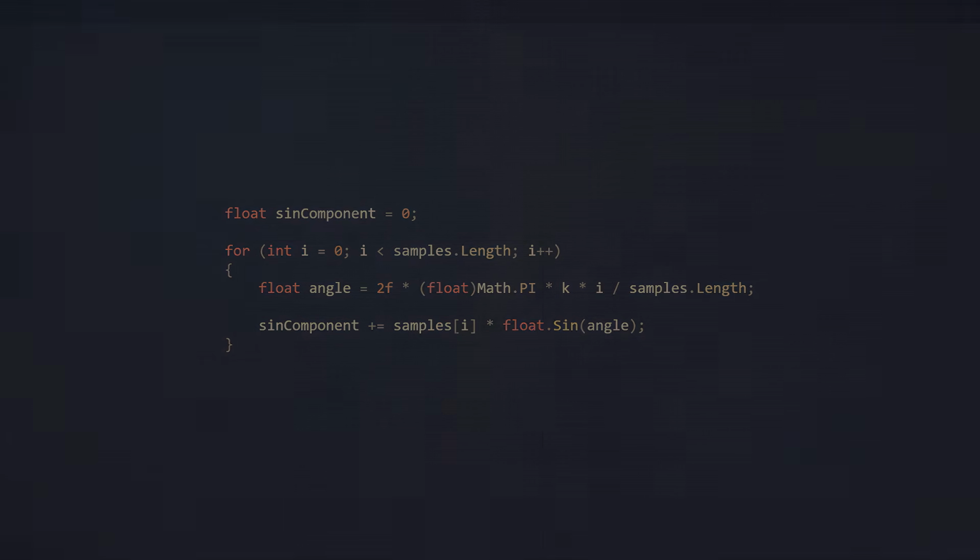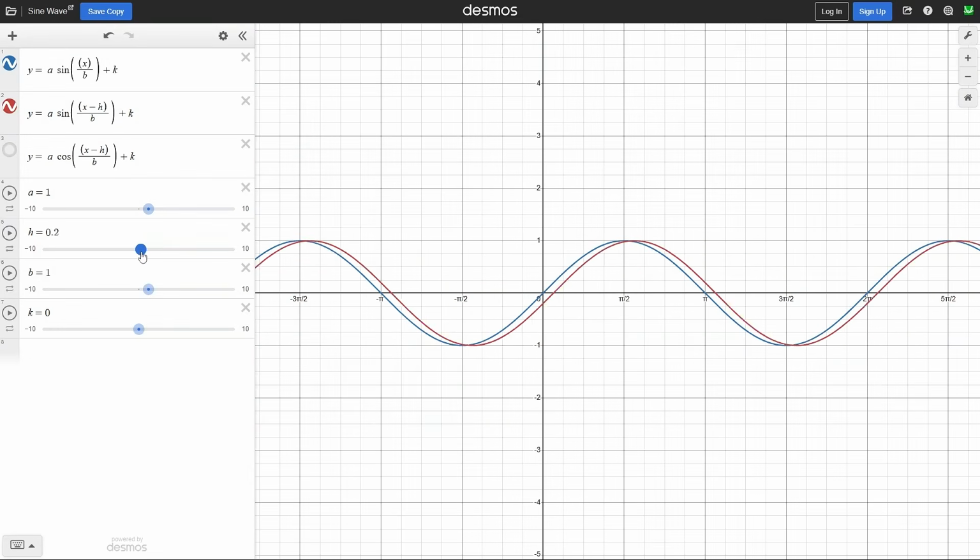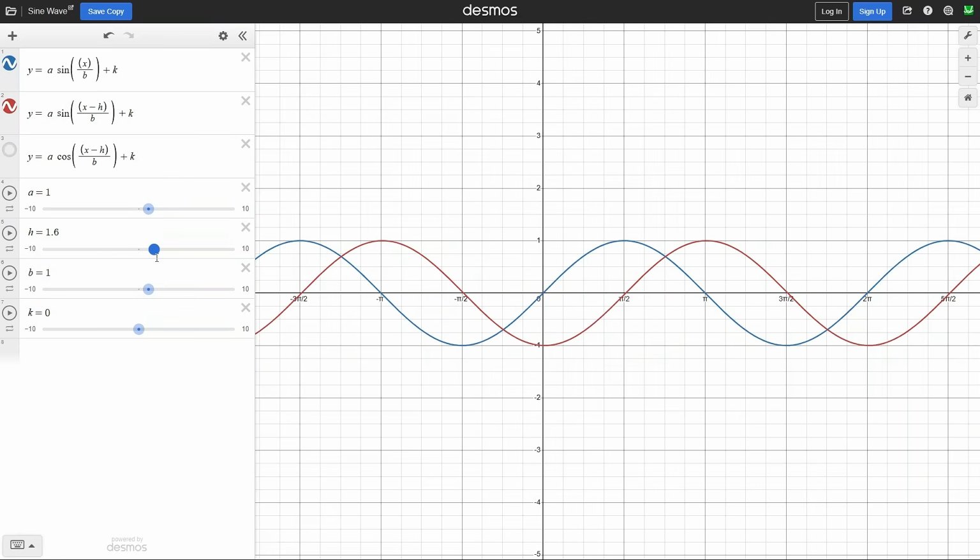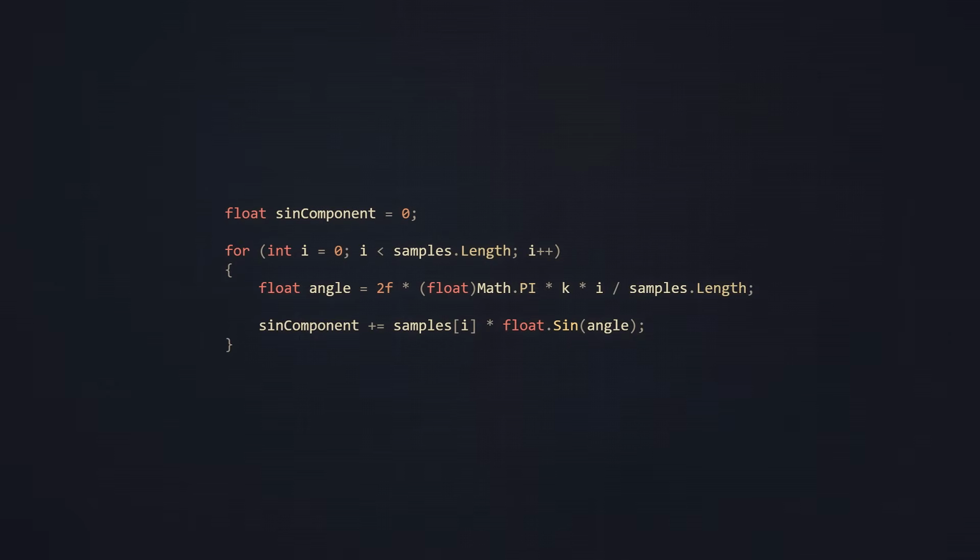See, if we only check for similarity to the sine wave with frequency k, it's possible that the samples could be out of alignment with that sine wave, even if that frequency is still present. To solve that problem, we need to do the same thing but for the cosine with frequency k. You might notice we've also negated the sine wave by doing minus equals rather than plus equals. It's just a convention that makes some of the math later on a bit easier.